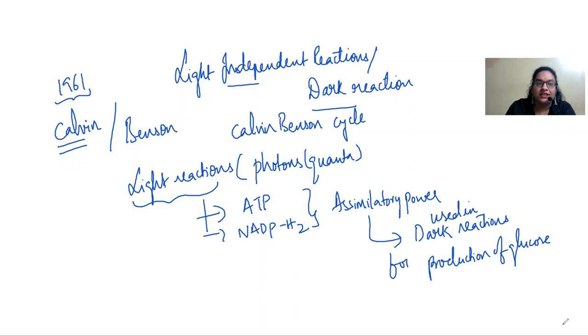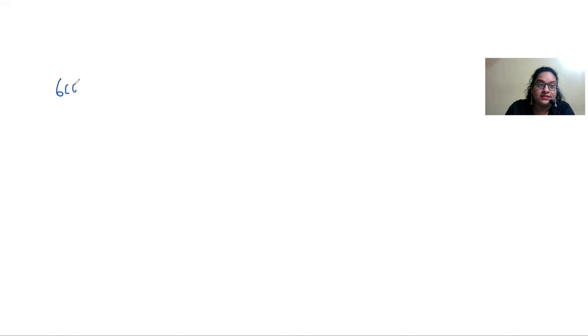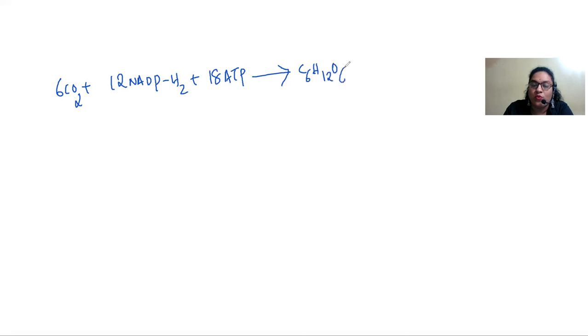If you remember, I told you once that 6 carbon dioxide molecules, 12 NADPH2 molecules, and 18 ATP molecules participate in the dark reactions, which results in the formation of one glucose molecule, where the 12 NADP, the oxidized ones, are produced, as well as 12 hydrogens being released.